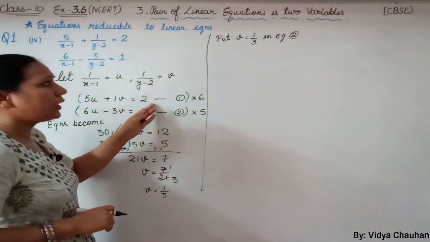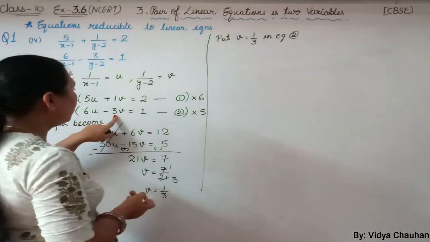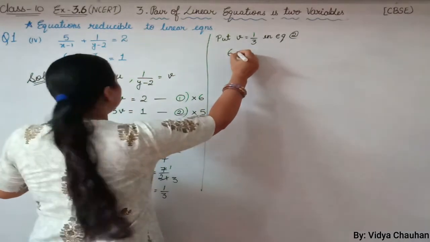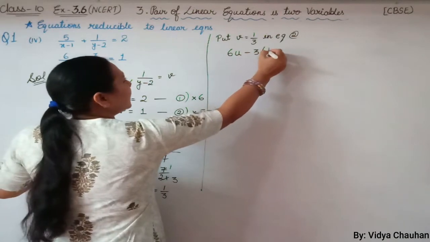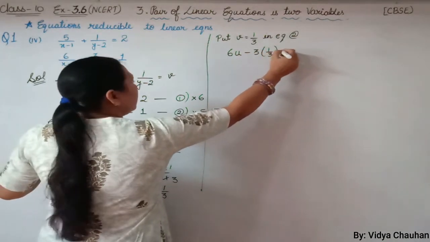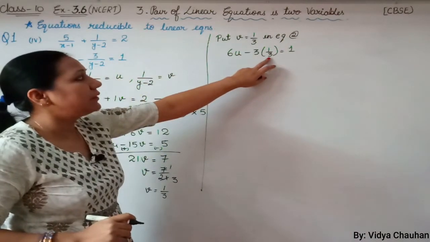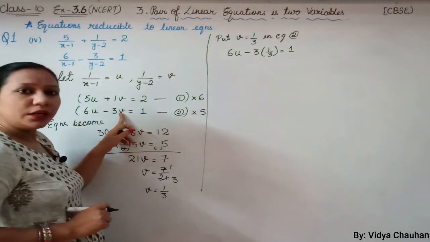You can also put it in equation number 1, it doesn't matter, both the values will be the same. So it is 6u minus 3 multiplied by 1 upon 3 equals 1. I have replaced the value of v by 1 upon 3 in equation number 2.